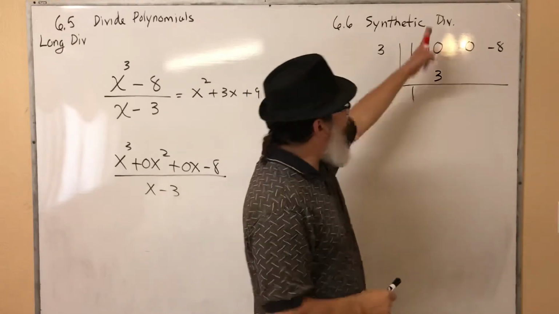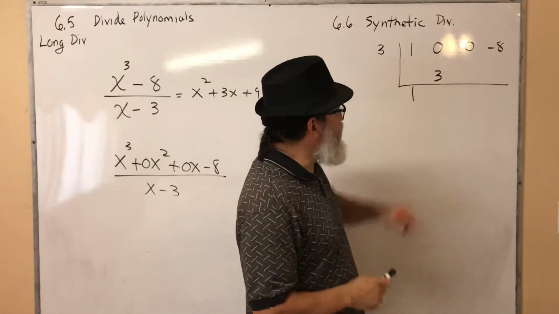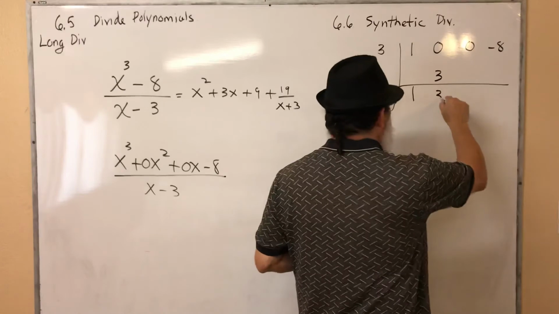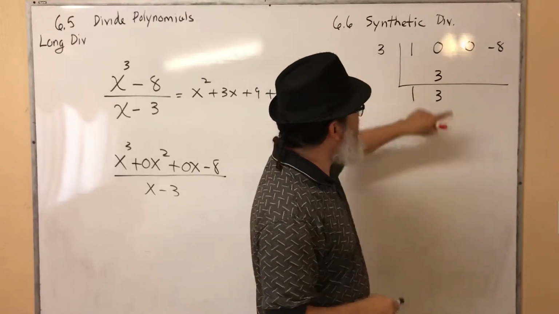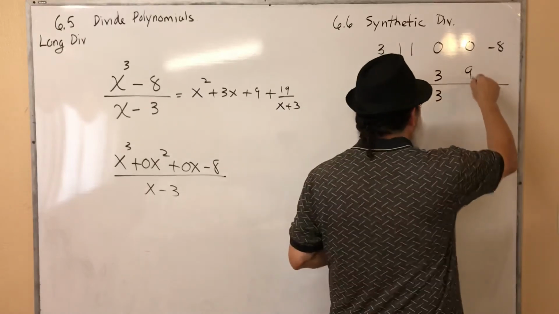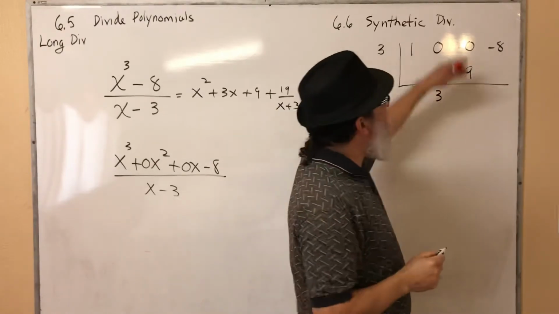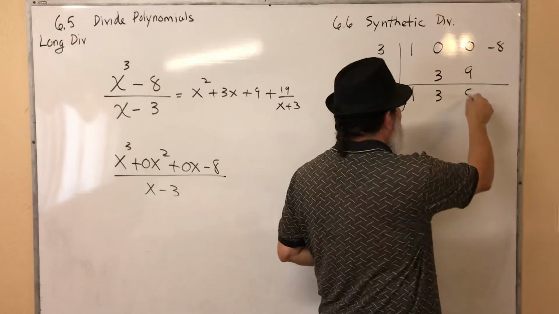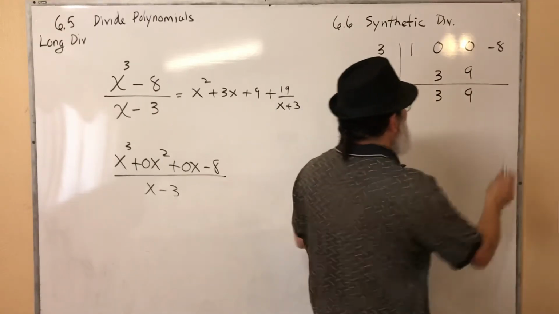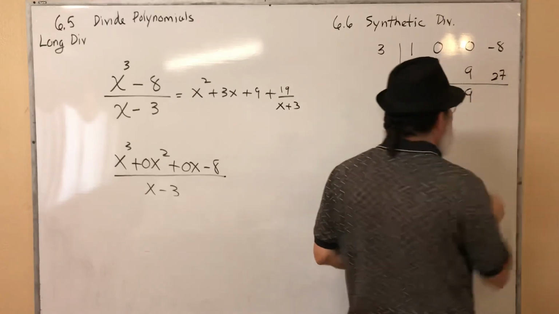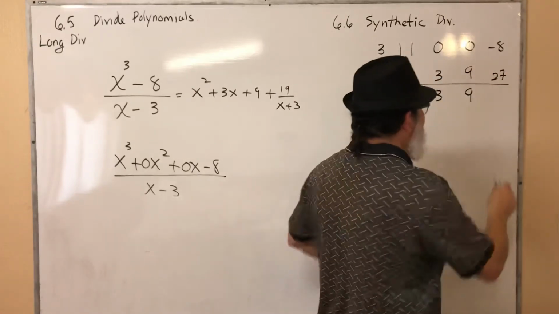Next, add. 0 plus 3 is 3. Next, multiply. 3 times 3 is 9. Next, add 9. And then multiply. 3 times 9 is 27. And then add 19.